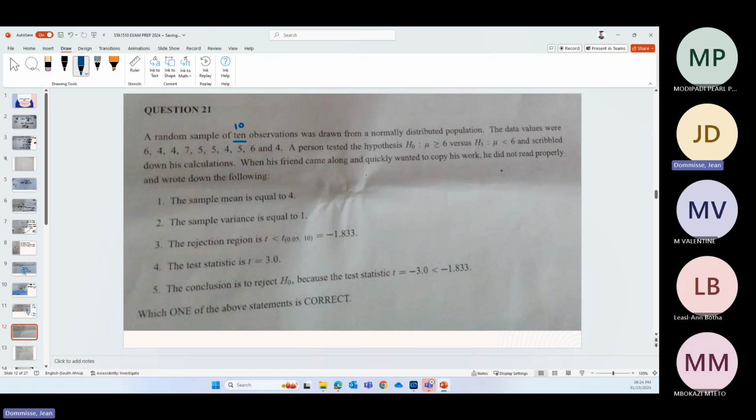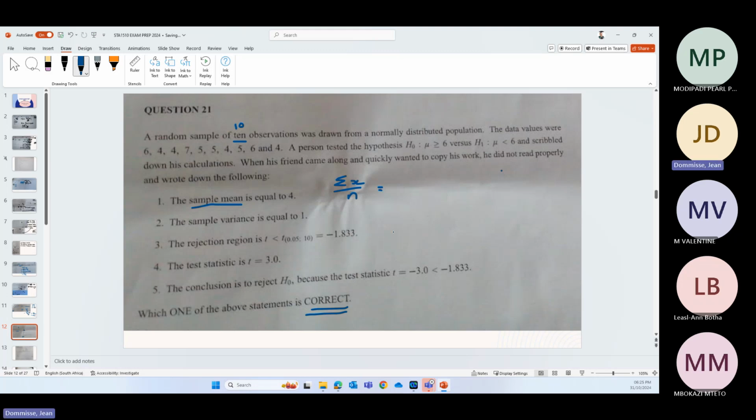When his friend came along and quickly wanted to copy his work, he did not read properly and wrote down the following. Okay, which one of following above statements is correct? Sure, okay. So sample mean, we will need to work out with that. So we need to say sample mean is the sum of the x's divided by n.